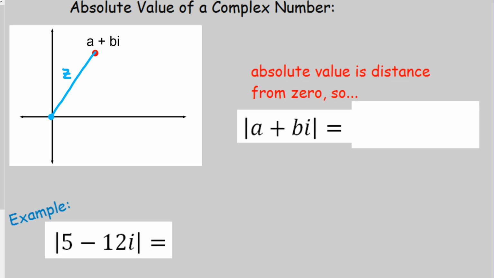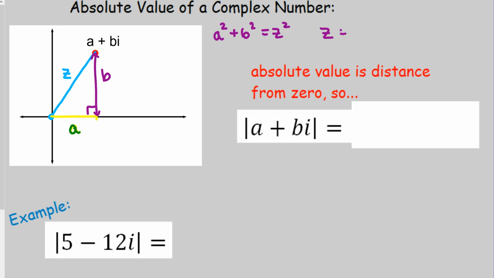Well, if you know the horizontal distance, which would be a, and you know the vertical distance, which would be b, you have yourself a little right triangle. And so to get z, according to the Pythagorean theorem, a squared plus b squared equals z squared, the way I've labeled it.